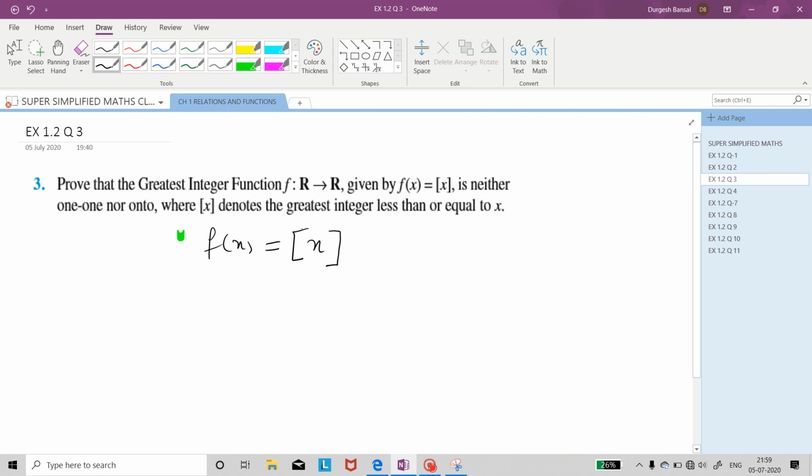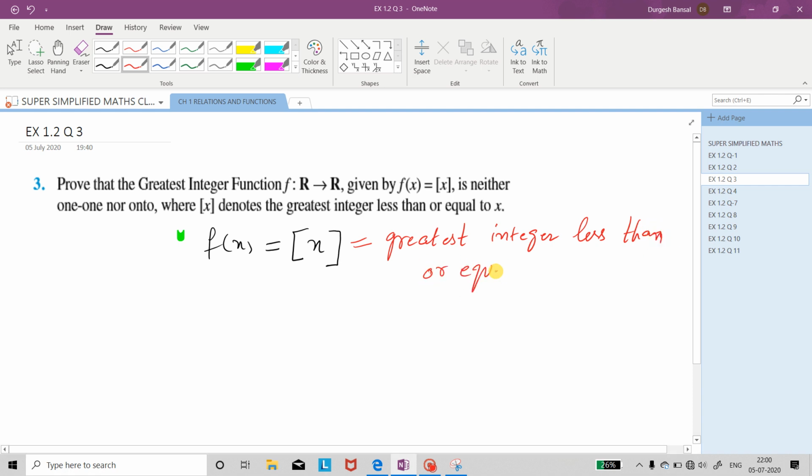This symbol means the greatest integer less than or equal to x. So for this question we have to understand the structure of this greatest integer function. How? Let us draw a number line.